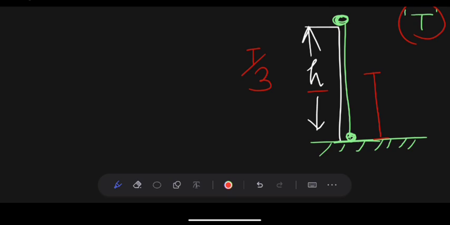Let's say this much, from here up to here. So this distance, let's say x, we have to find. This distance is covered in t by 3 second.